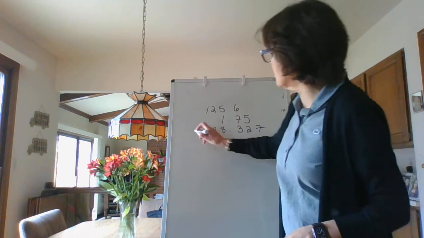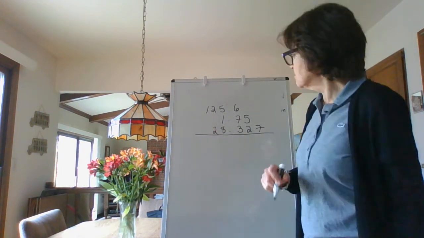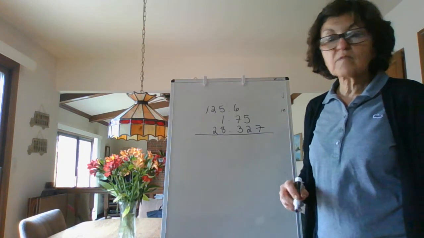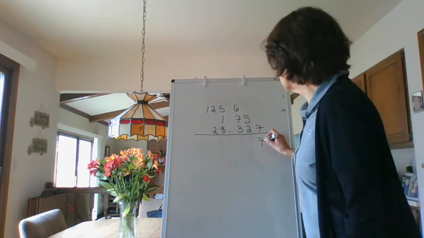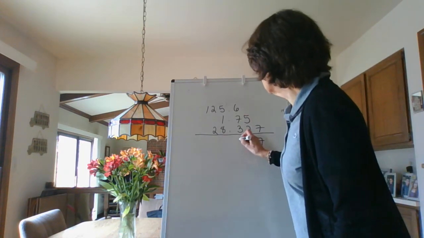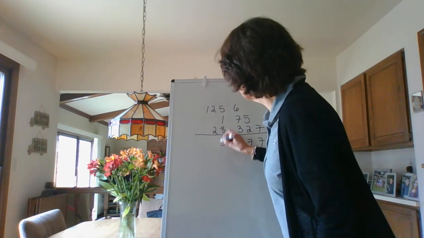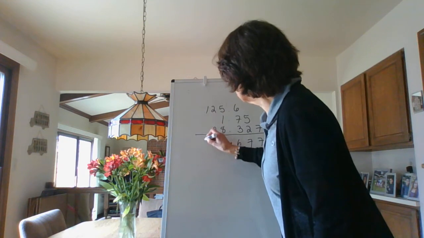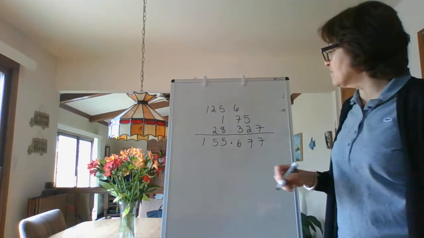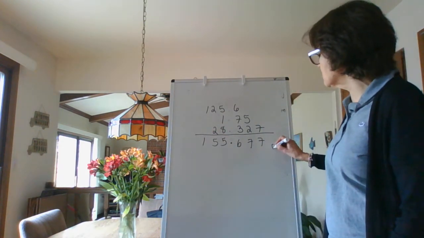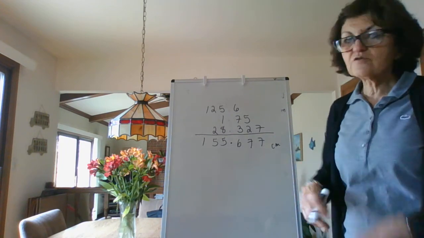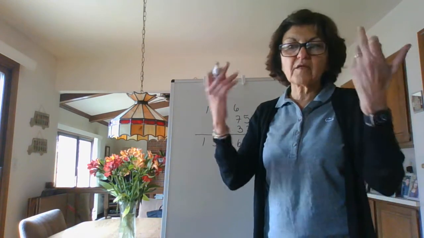So I want to add all these numbers. Okay? So you go ahead and add them. 7, 7, 16, 15. Hopefully I'm doing the math right. So 155.6. Let's pretend this is centimeters. Okay? You're doing a perimeter of something, whatever.